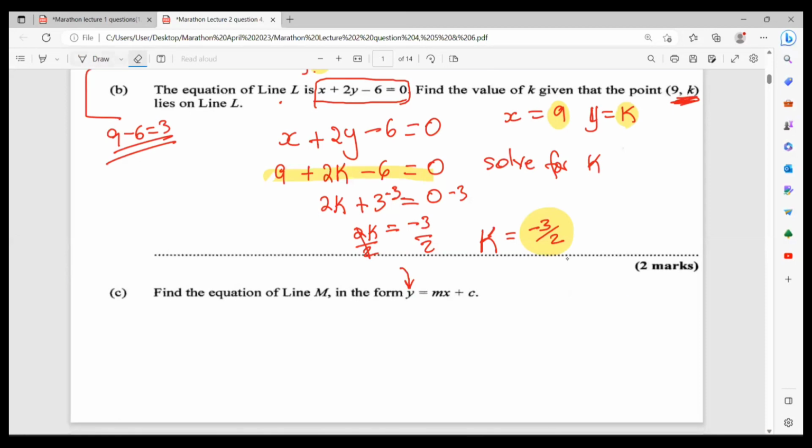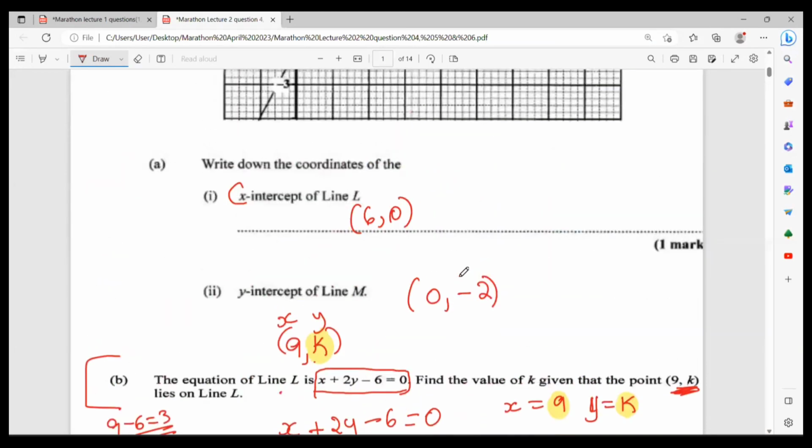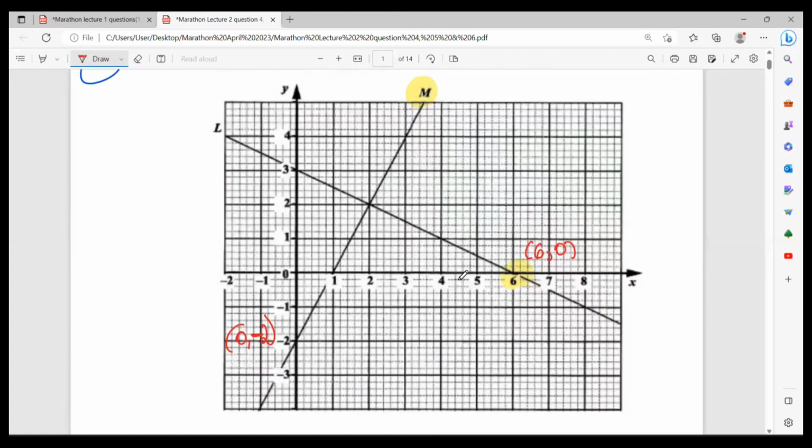M. Let me mark it where it is. Find the equation of M. All right, let's go for M. Looking at M, guys, M. Pay attention to this one, M. Now, whenever you're going to do the equation of a line, you need two things.